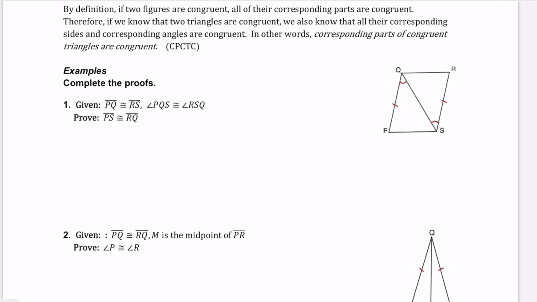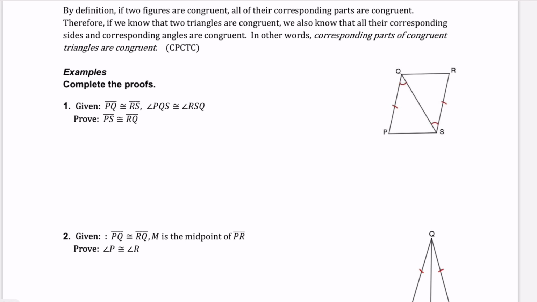Okay, so we're going to start number one by doing a proof. It's going to be exactly like the triangle proofs that we did last time. So last time we would figure out what kind of triangles, why the triangles were the same, and then write the congruent statement.